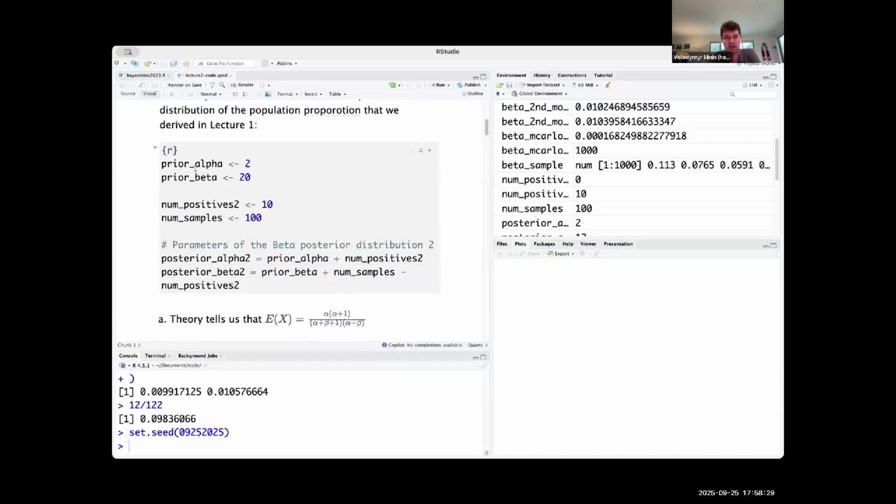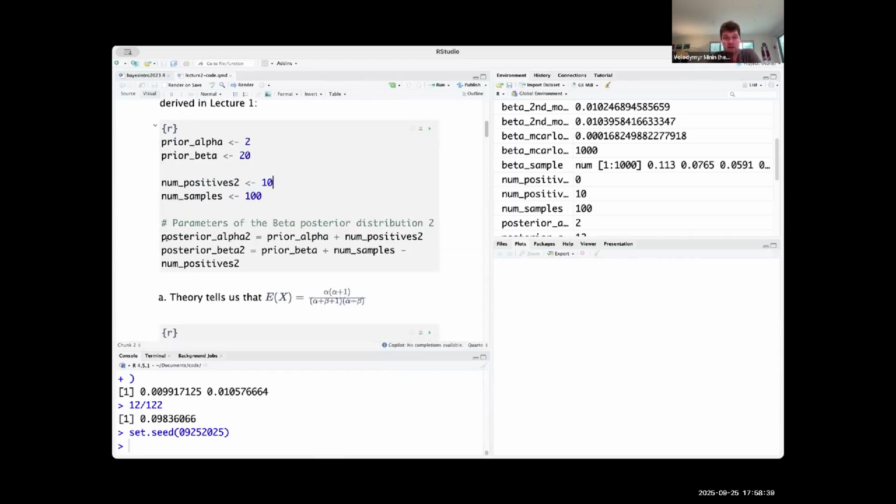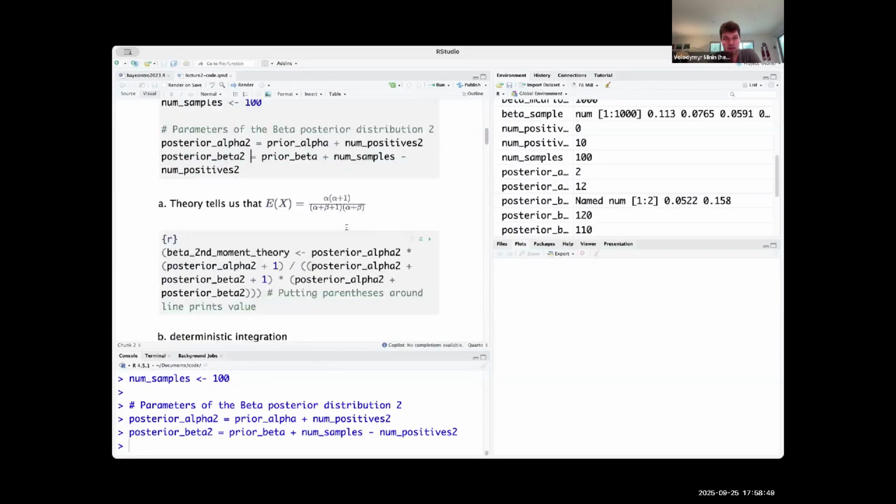So here, this is our setup, right? This is our prior, the numbers for the beta distribution, 2 and 20. This is our data, 10 out of 100 samples. This is our posterior, which is a combination of the data and these four numbers, basically. So I'm just going to put them in.